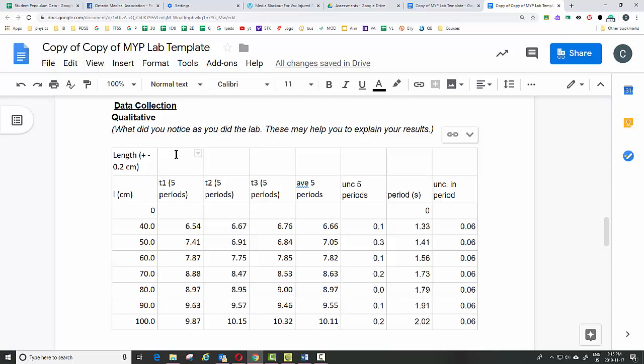All of these values here would be the time for 5 periods, and that would be measured in seconds. And this would be my trial 1. And I won't do all the changes here. This would be my trial 2, etc.